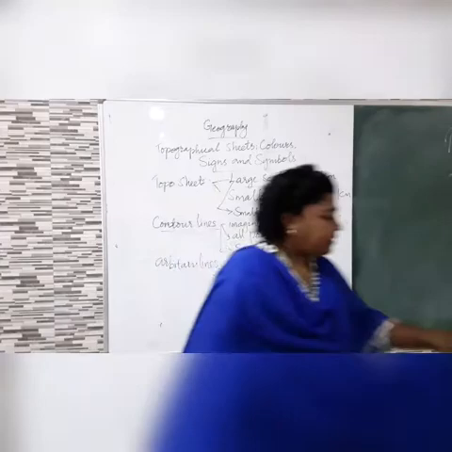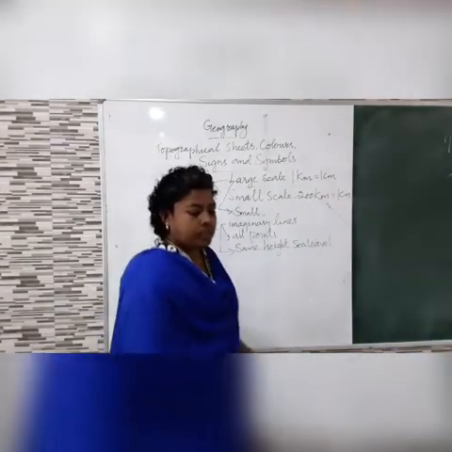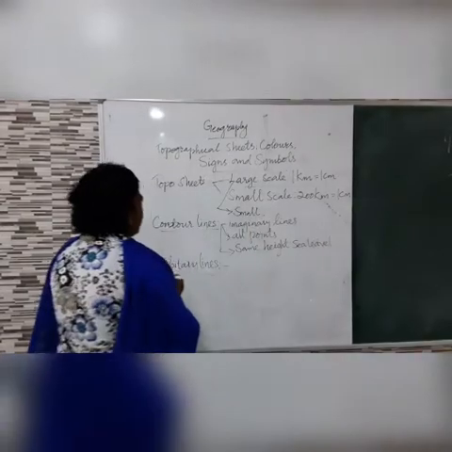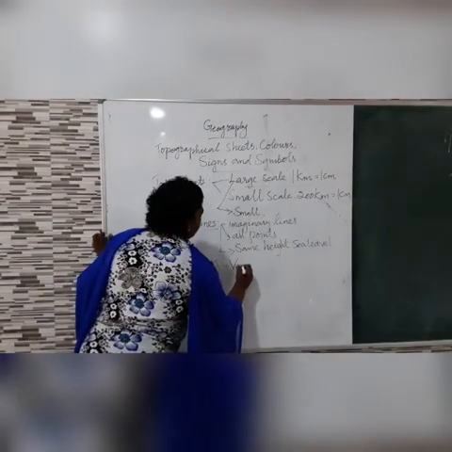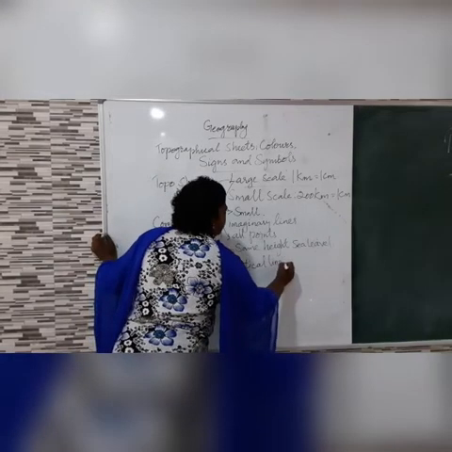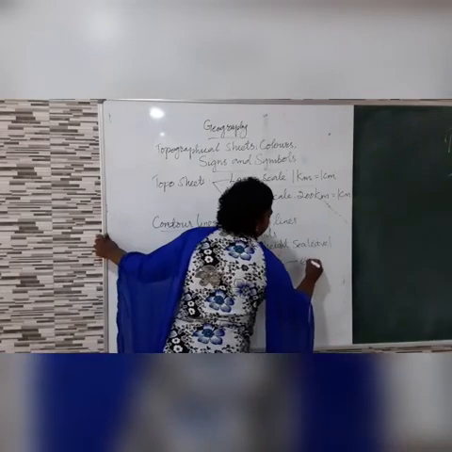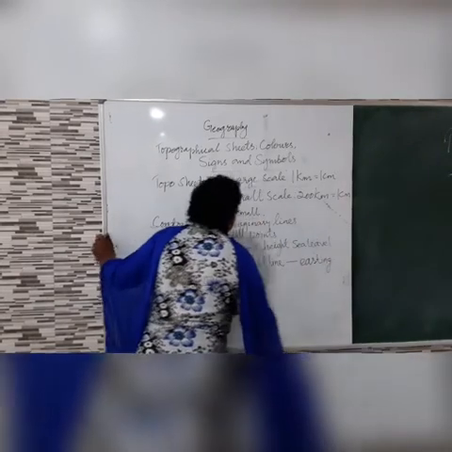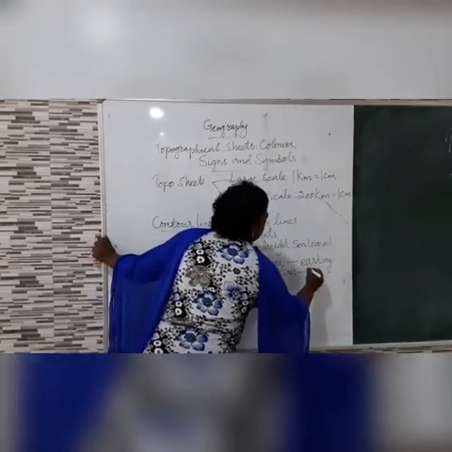But in the topographical map, there are also two lines used. The vertical lines are known as easting, and the horizontal lines are known as northing.